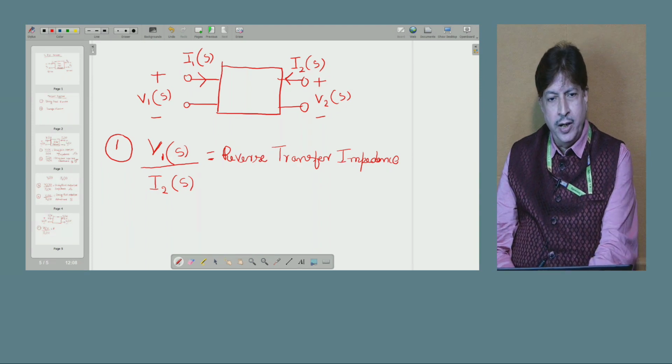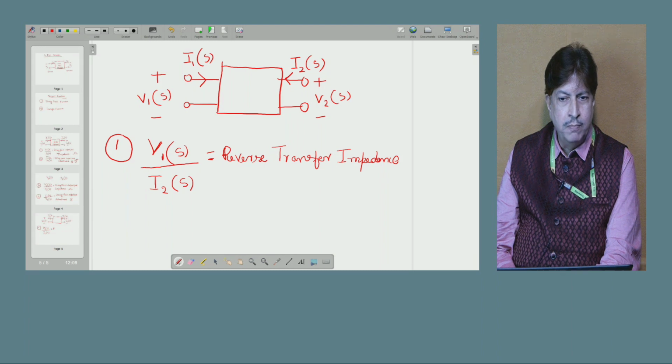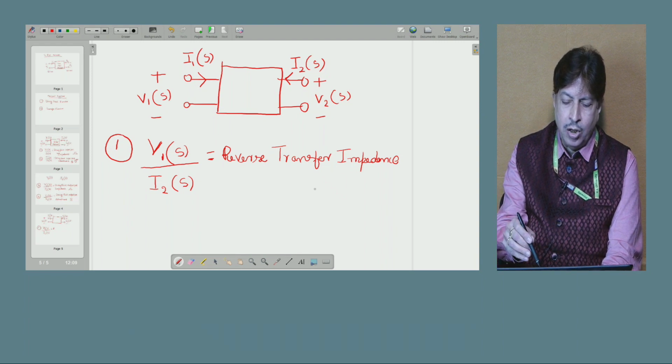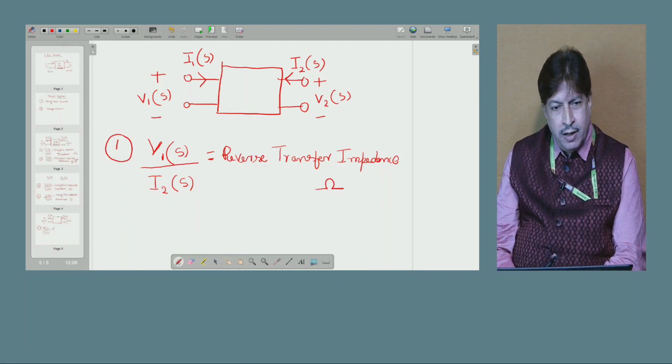The appropriate name we give to this particular transfer function is reverse transfer impedance function. What is the unit of impedance? Impedance unit is always ohms. So, whenever the numerator belongs to the input side and the denominator belongs to the output side, that becomes a reverse transfer function.